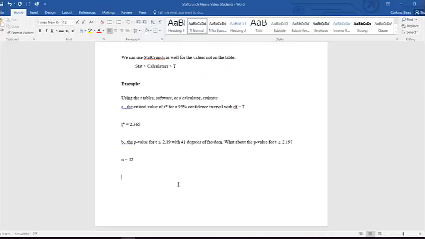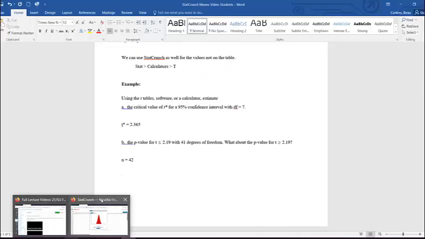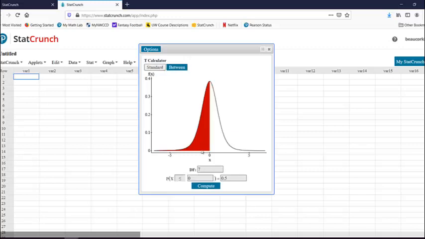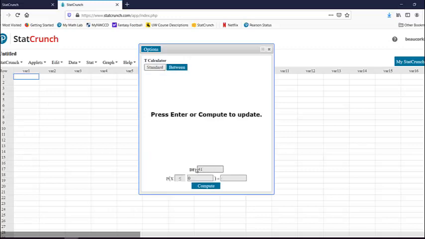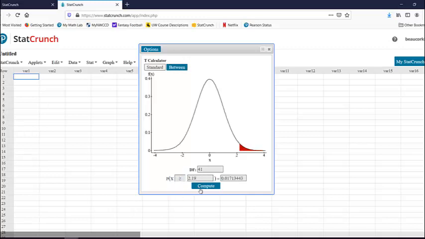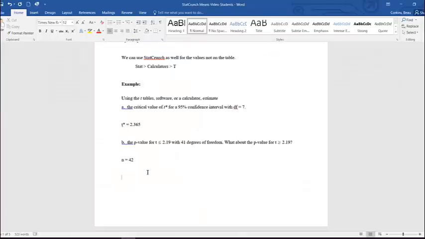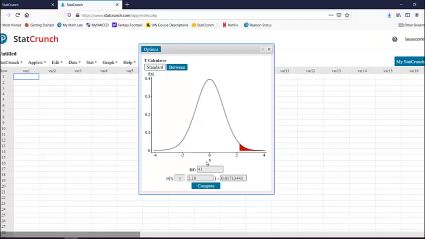So to StatCrunch we go. Looking at exactly 41 degrees, 2.19. Let's start with greater than. The p-value is 0.0171. The greater than one is the one we started with, and 1 minus that gets us the less than, but again, StatCrunch will do that for us.